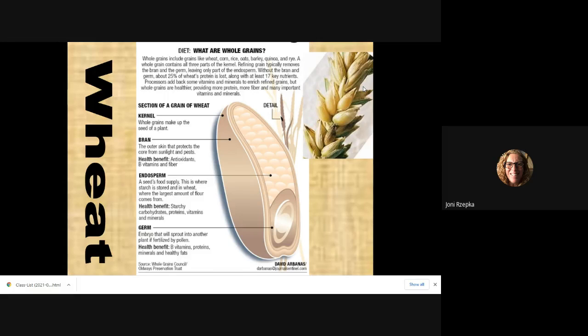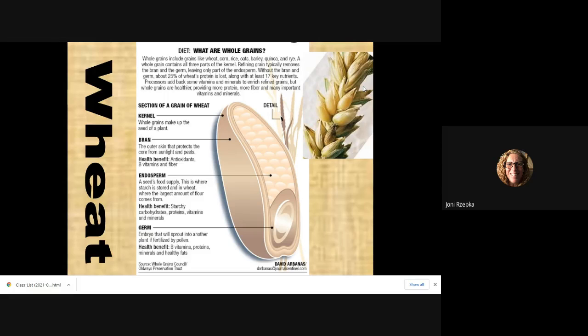So on the outside, you have the kernel and the bran. And then on the inside, at the top part of the grain, you're going to have endosperm. And then at the bottom, that's where you have your germ, and that's where all your B vitamins, protein, minerals, and healthy fats are, down there at the bottom.